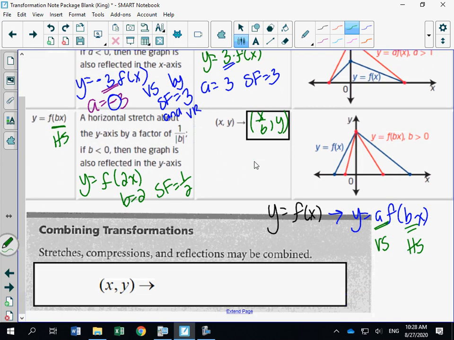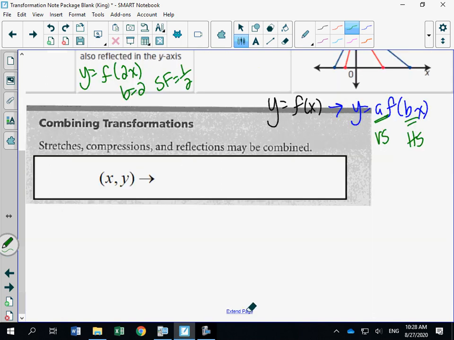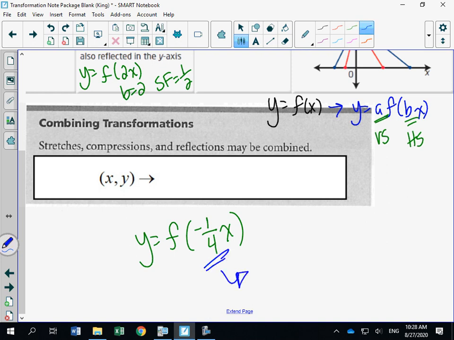If b was negative, let's do an example where b is negative. So y is equal to f of negative 1/4 x. If you see this, you say that is my b value. The b value is -1/4.